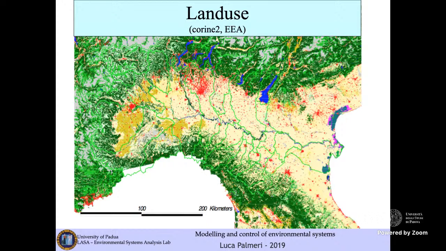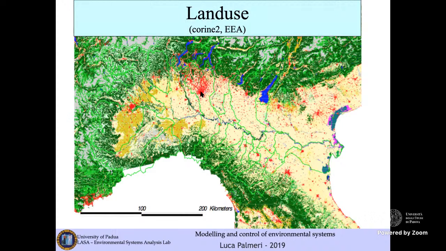the geographical situation. In particular, we employed the CORINE land use. This was provided by the European Environment Agency, EEA. These are satellite imageries describing different land use.